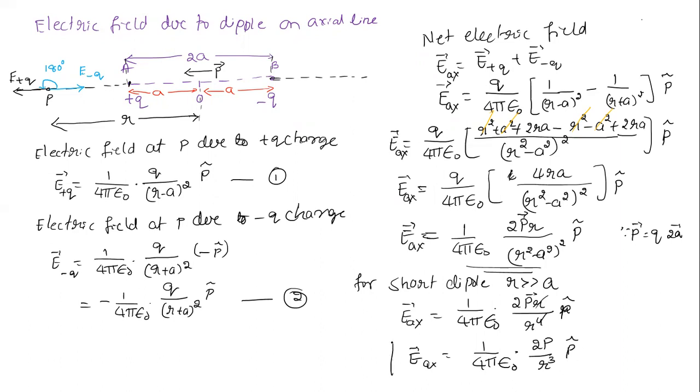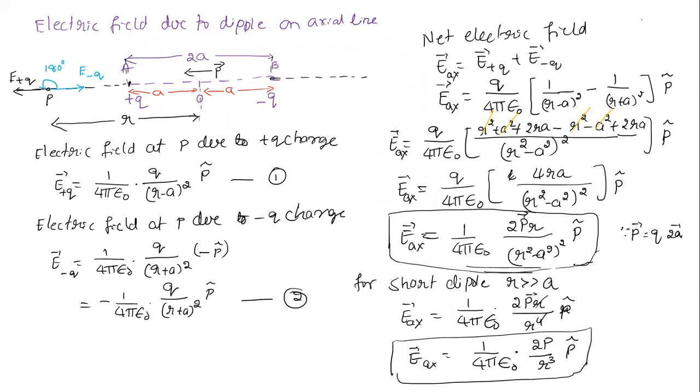So this is the electric field due to a short dipole on the axial line. The earlier one is the electric field due to a normal dipole, where we didn't go for any approximation. So this is clear to all of you now. Electric field of a dipole on the axial line. Please have a look at this now, all of you.